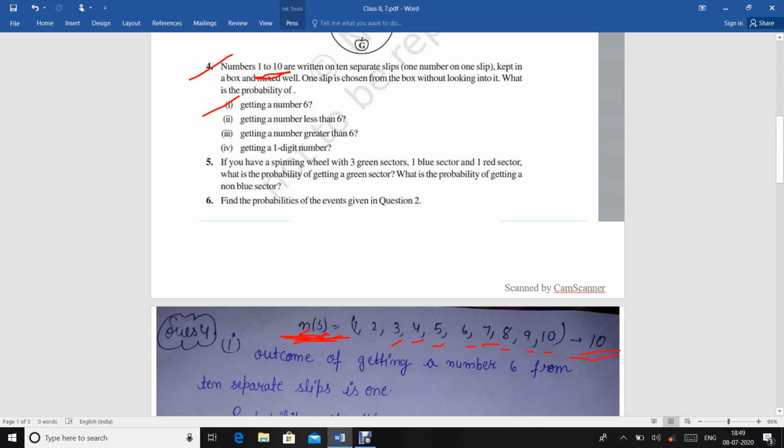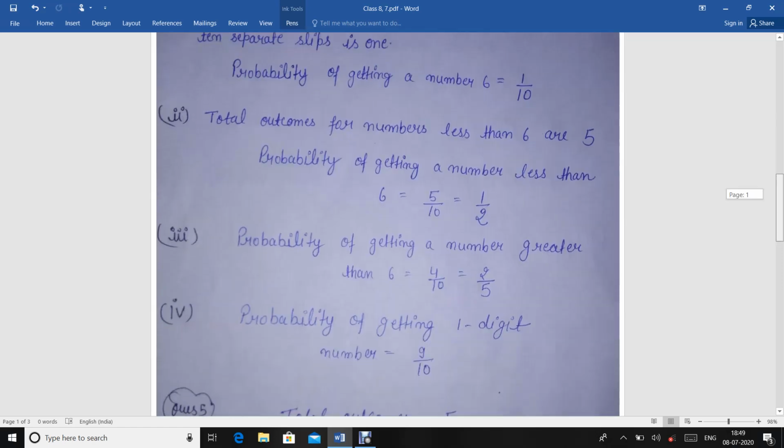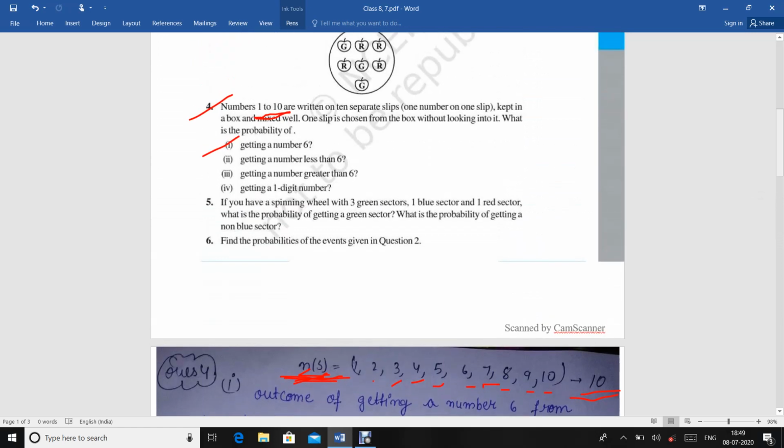Okay, the next is, we have to find out the probability of getting a number 6. As you can see, in these sample spaces, 6 occurs only once.